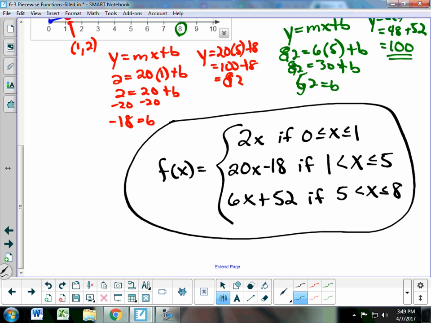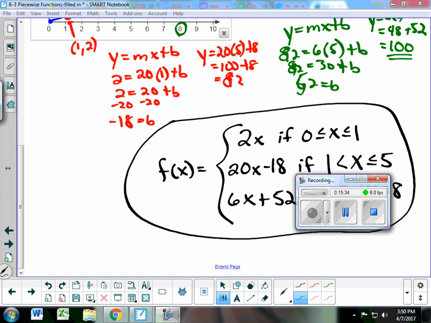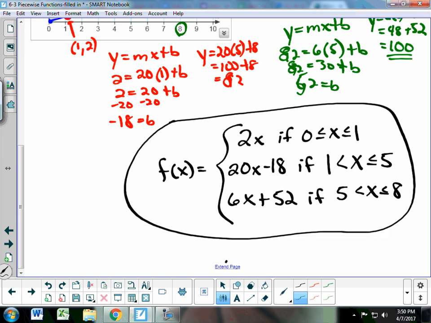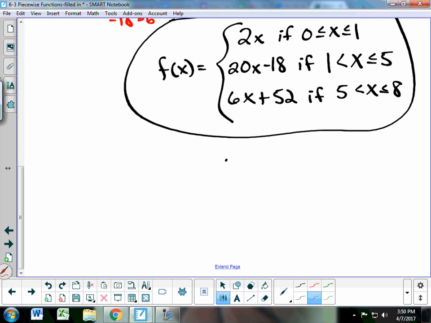All right, so now you should be working the rest of this class period on that 6.3 worksheet. They're pink, blue, and white. There are 3 different color options for you.